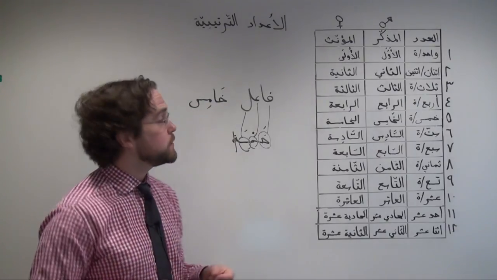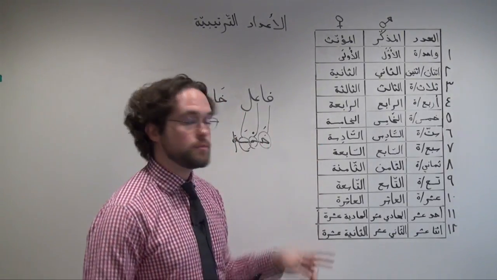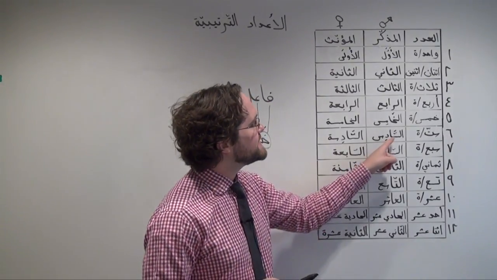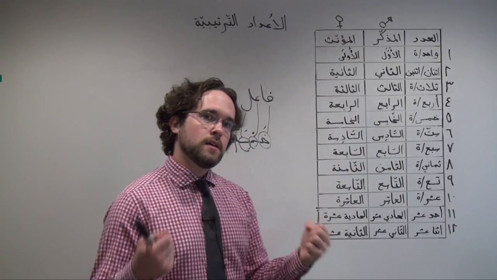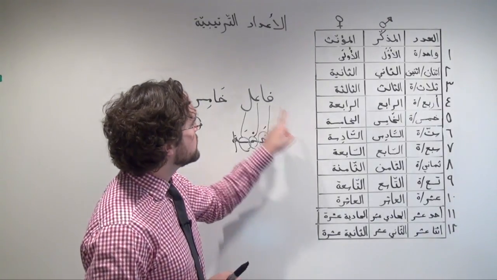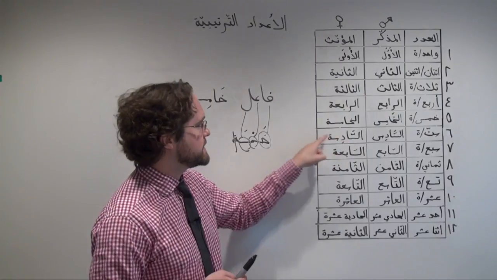It's a little bit of an irregularity. And the other thing is that the number 6, you probably learned as sitta when you were counting, but the root is actually sin, dal, sin. So when we unfold the jadr of the word, that tri-consonantal root, and we put it into this pattern, we wind up with a sadis or a sadisa.